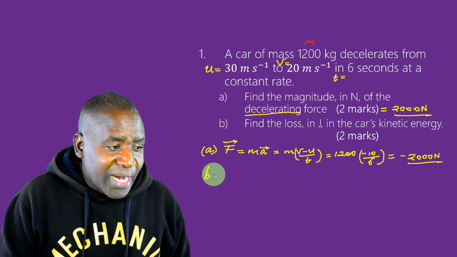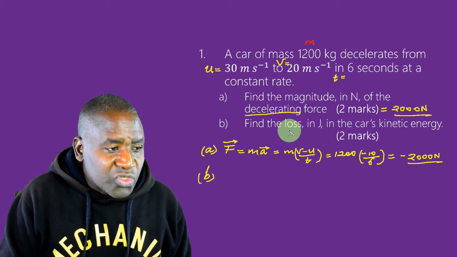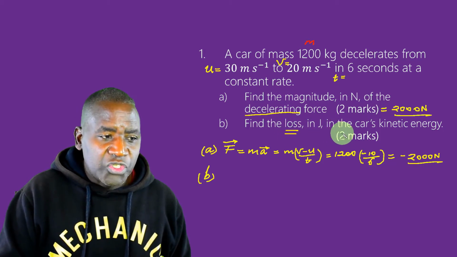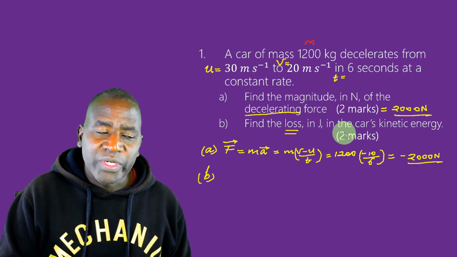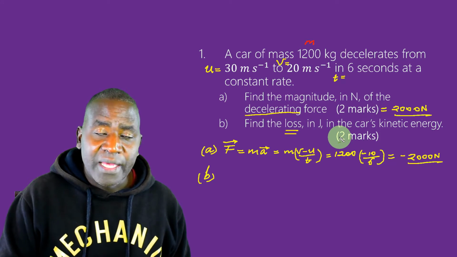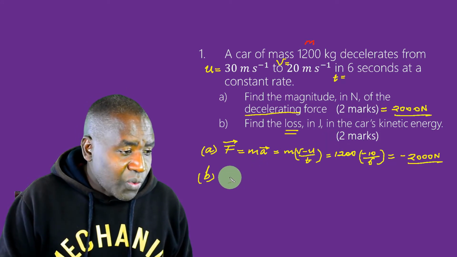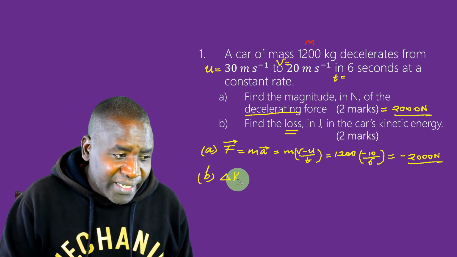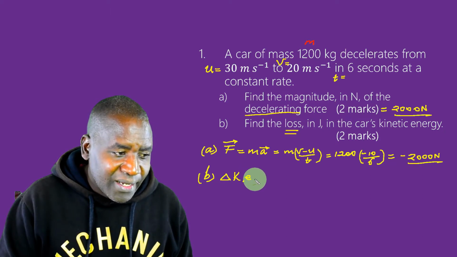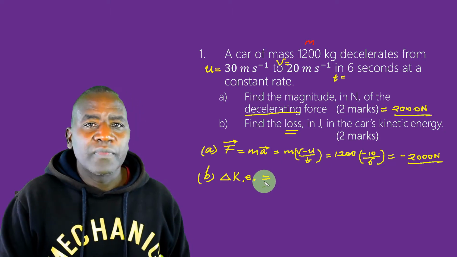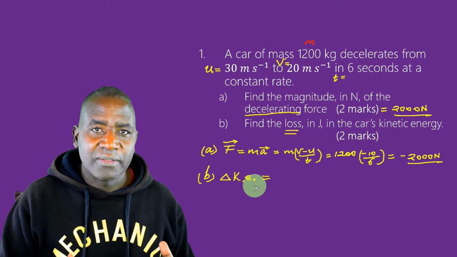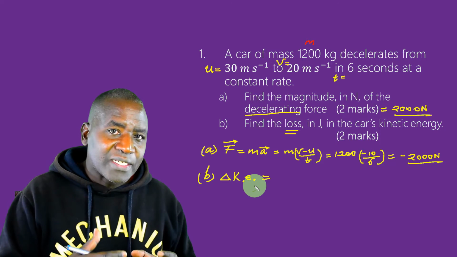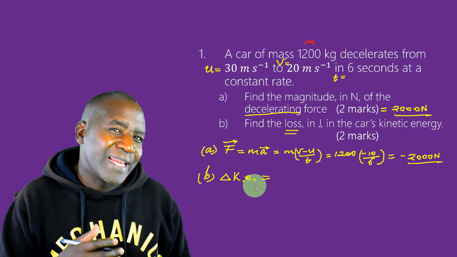In part B, we are asked to calculate the loss in joules of the car's kinetic energy. We know kinetic energy is given by a half mv squared. So I want to start by calculating the gain in kinetic energy, delta E. I have to assume it's a gain, although I know the examiner has asked me to calculate the loss.